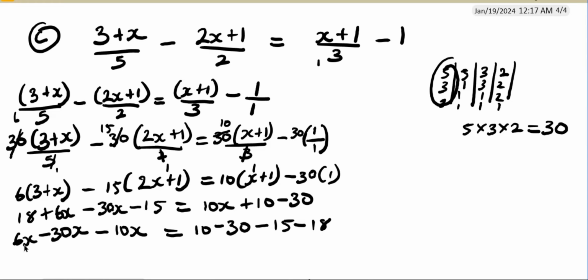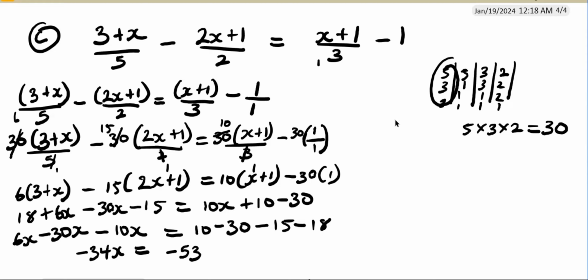So that will give us 6x − 30x, that will give us minus 24x. Minus 24x minus 10x, that will give me minus 34x equal to 10 minus 30. 10 minus 30 will give me minus 20. Minus 20 minus 15 will give me minus 35. And minus 35 minus 18, that will give me minus 53. Okay, so we have minus 53.